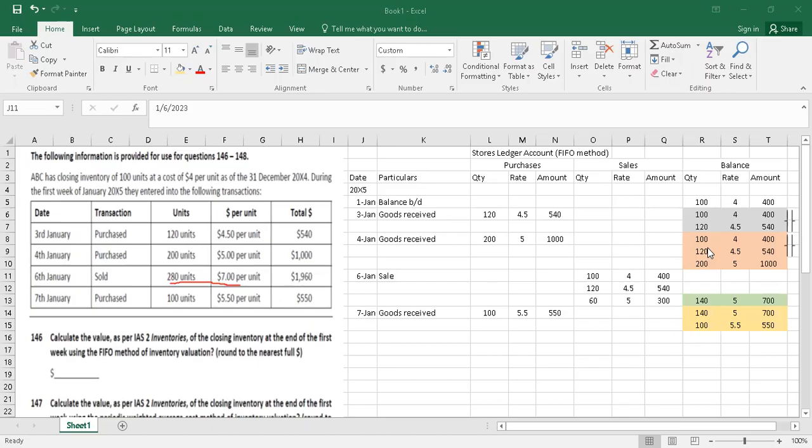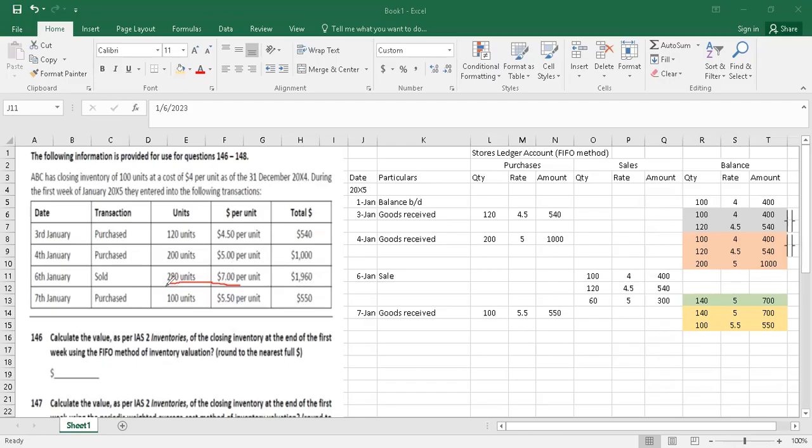The sale value will be accounted in the trading P&L account or in the sales book at their sales value. This is just a stores department maintaining a ledger account, where we see what cost was accounted when the units were received, and what cost has to be assigned when the units leave the stores department. On January 6th, the total number of units sold are 280. What rate per unit will be charged?